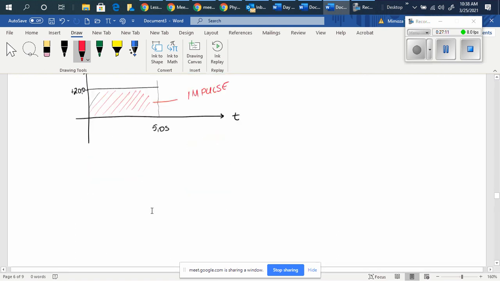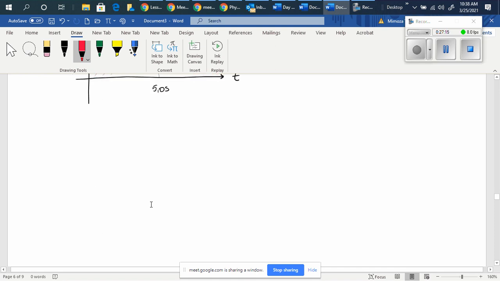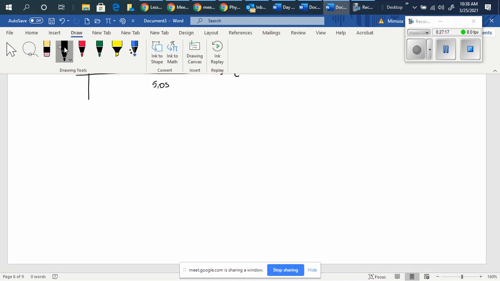Now the question is, what if we have a positive area and a negative area? How do we calculate it? So let's see an example where the average net force follows this graph here.